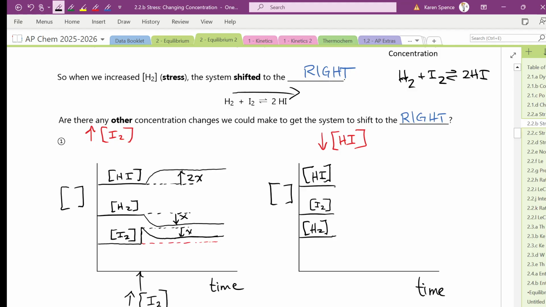All right, so we decrease HI. There we are. And it's going to go back up.